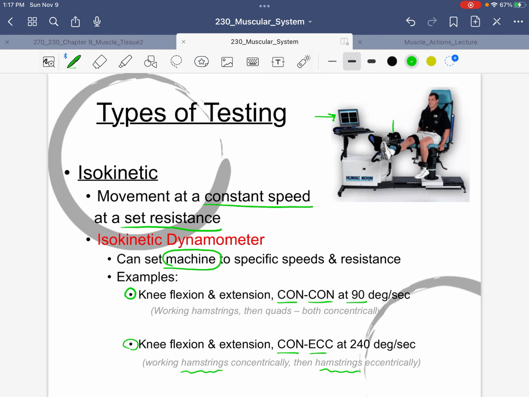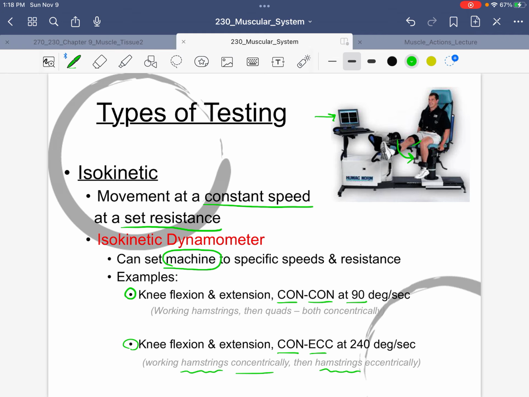So what's going to happen is the machine is going to first give resistance this way, and you contract your hamstrings to resist that. So you're contracting your hamstrings as it's pushing you down eccentrically. But then, oh, wait a minute, I have that backwards. Folks, I'm really tired today. Okay, let's try this again. The way it's set up first is you would do the hamstrings concentrically. You would pull your leg back.